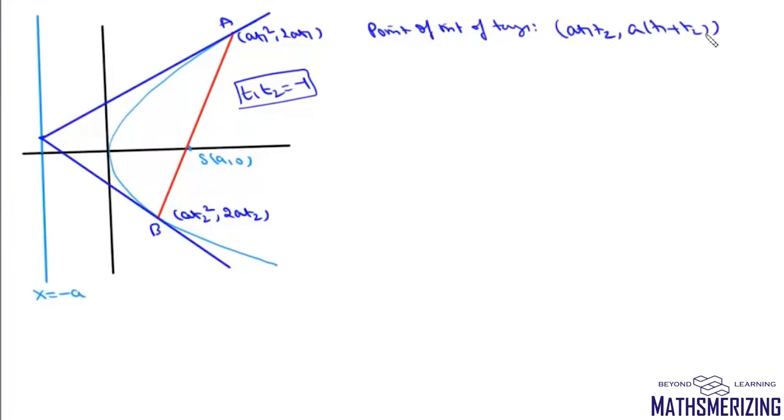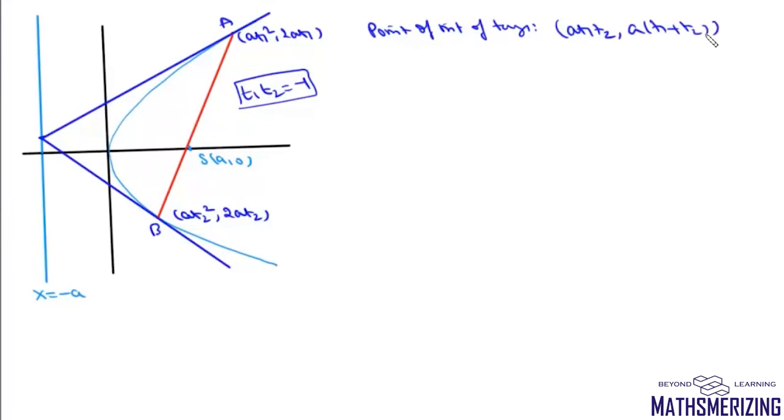And then we have this focal chord P1, P2. Now focus is at (a, 0). And suppose this chord makes an angle alpha with the x-axis.